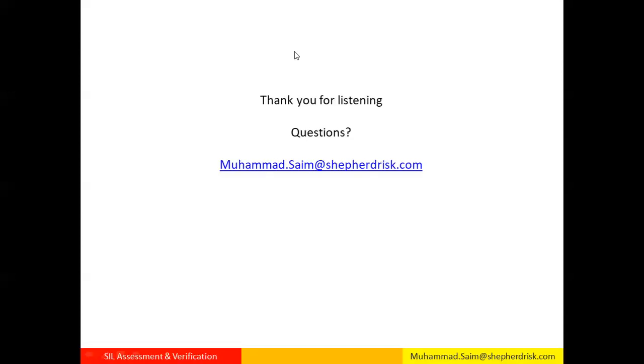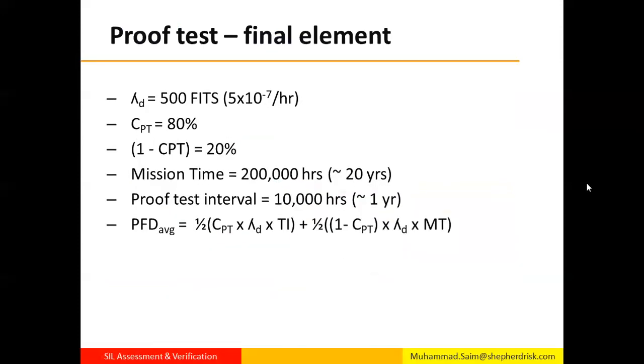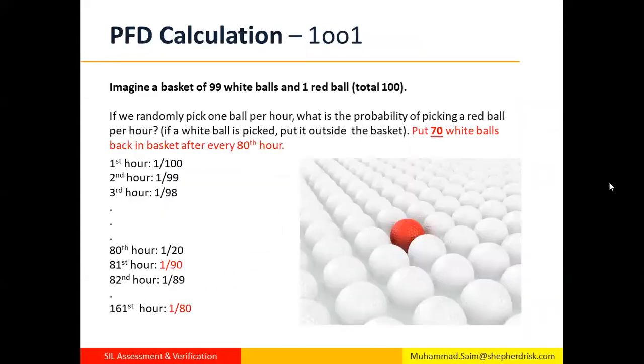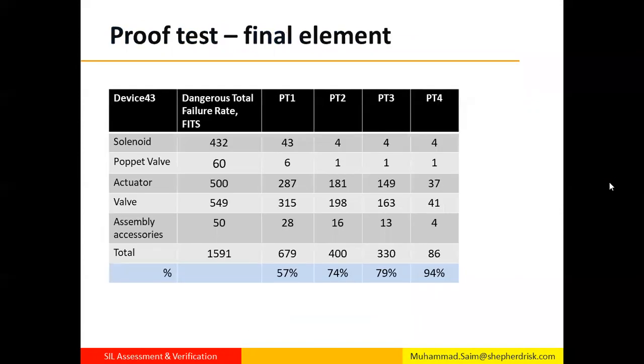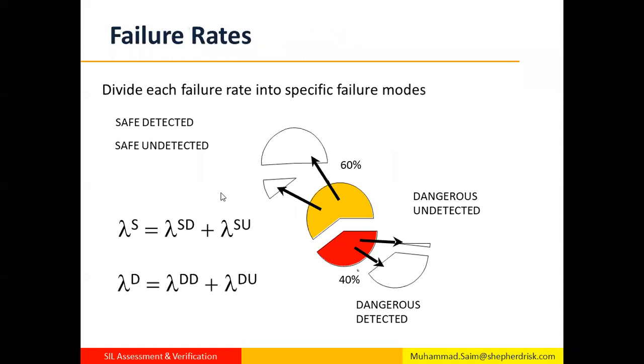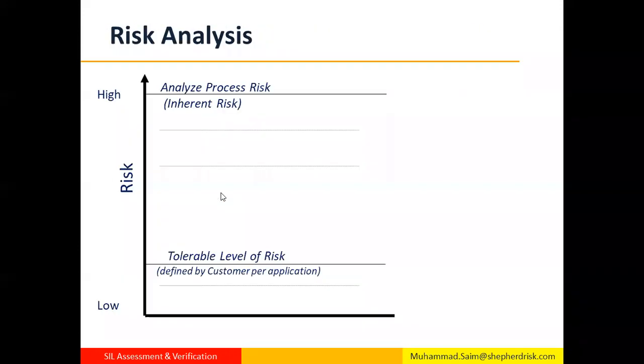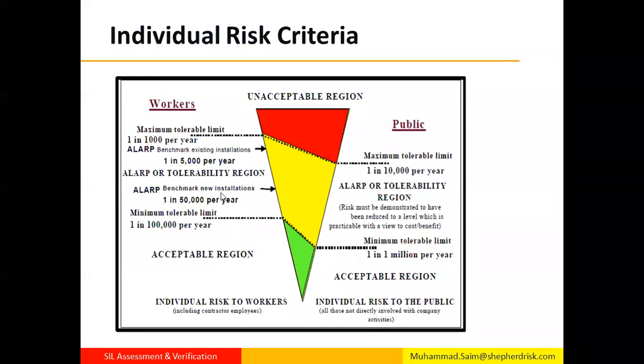So the question is how to set tolerable limits. We talked about the tolerable limits, and I'll just go back to this. The tolerable limit is defined either by the country regulation, the laws, or by the company. For example, in the UK, we have a legal requirement of tolerable risk limit, that is 1 in 1,000 per year.